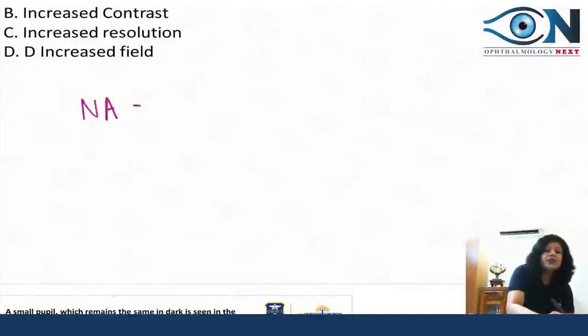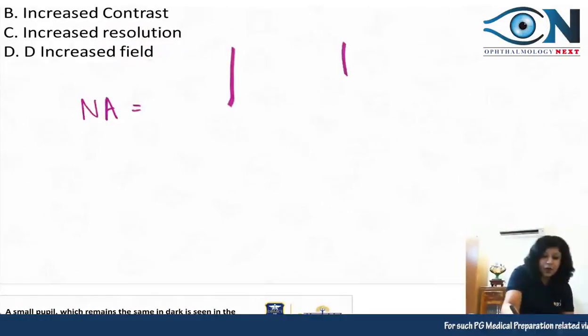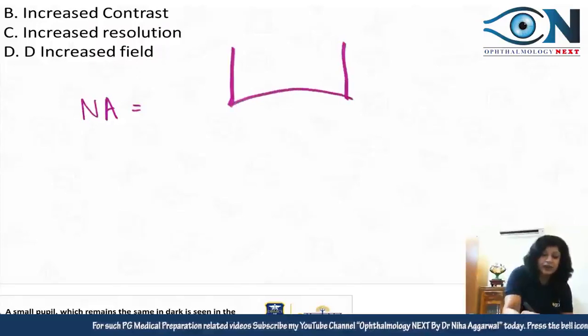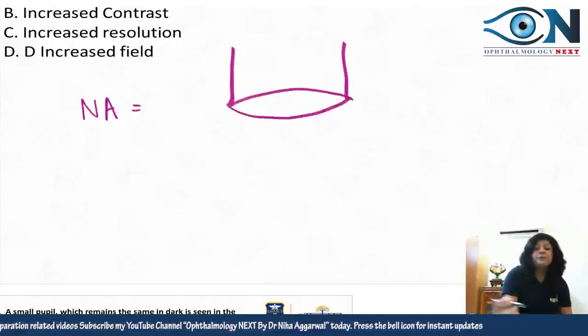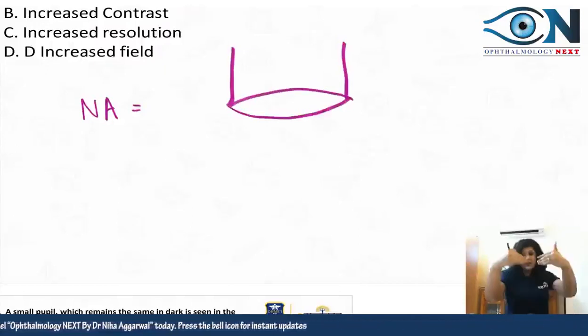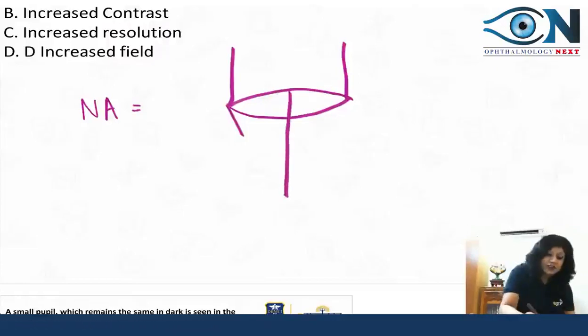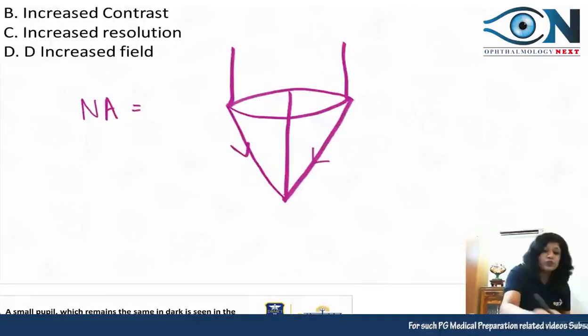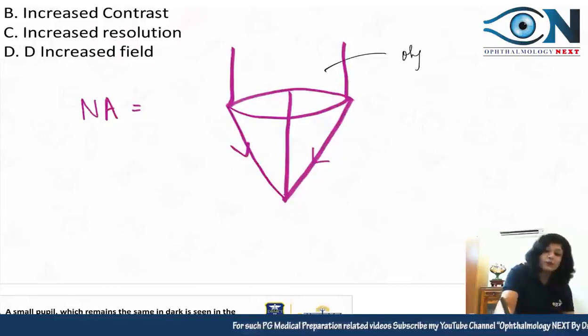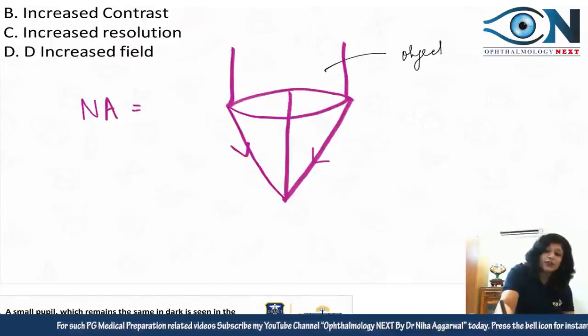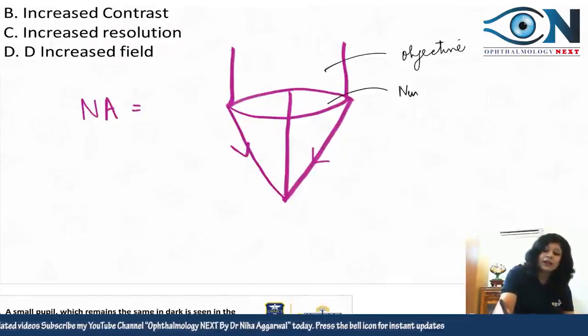Numerical aperture means, suppose this is the objective of the lens and this is your numerical aperture. So when the light is passing into the microscope and you are seeing it, it forms a cone-like structure, like an inverted cone like this. So light is coming like this, light is coming like this. So if you label them, this is your objective and this is your numerical aperture.